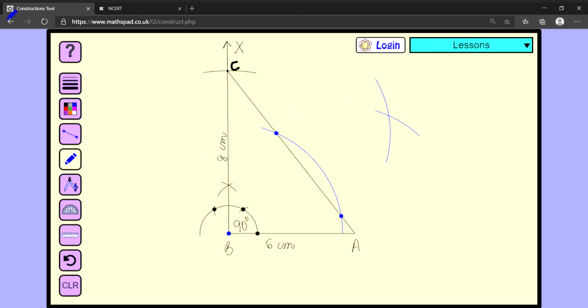This point of intersection of the arcs is to be joined with B in order to obtain the perpendicular from B. Let's name this as D as instructed. BD is the altitude of the triangle from point B to side AC.